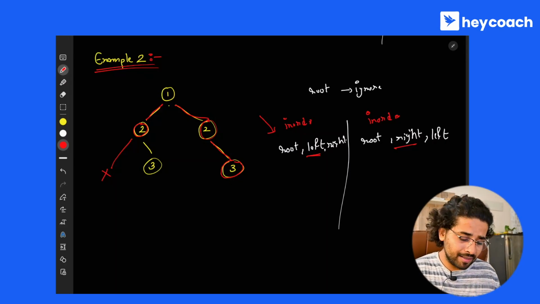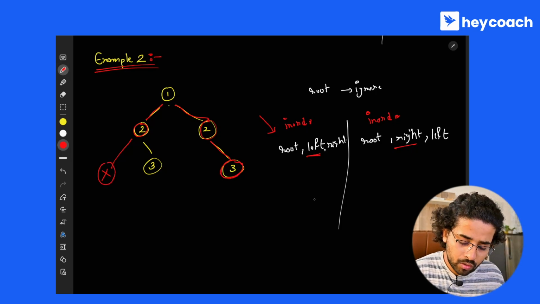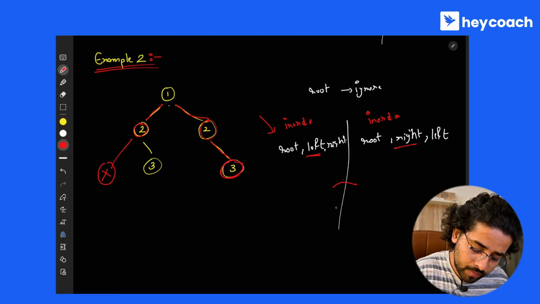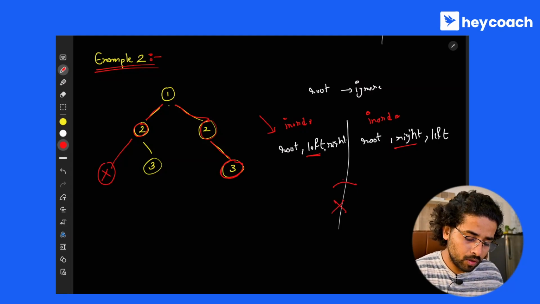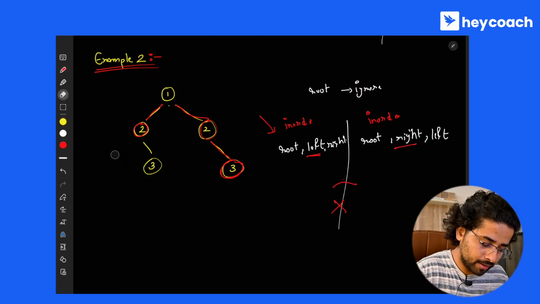So here we didn't get the value, here we got the value, so these are unequal, or we can say that this is an asymmetric tree, a non-symmetric tree.